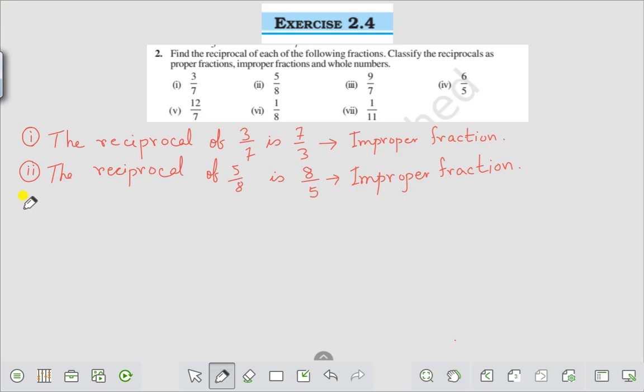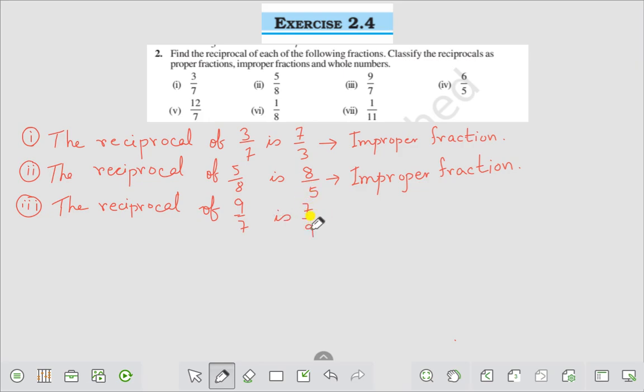Now question number 3 is 9 by 7. The reciprocal of 9 by 7 is 7 by 9.